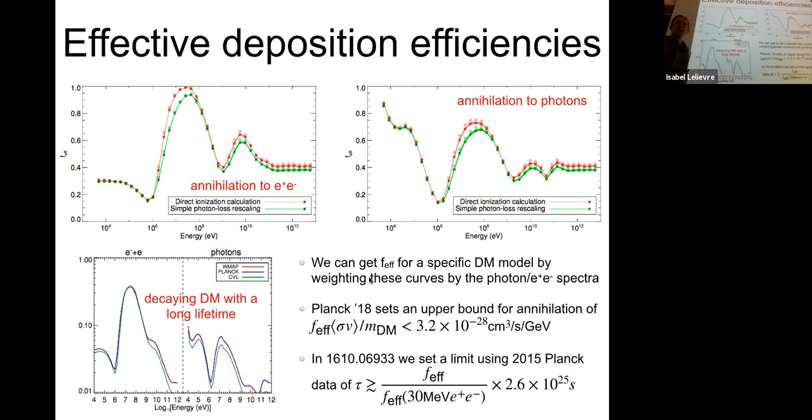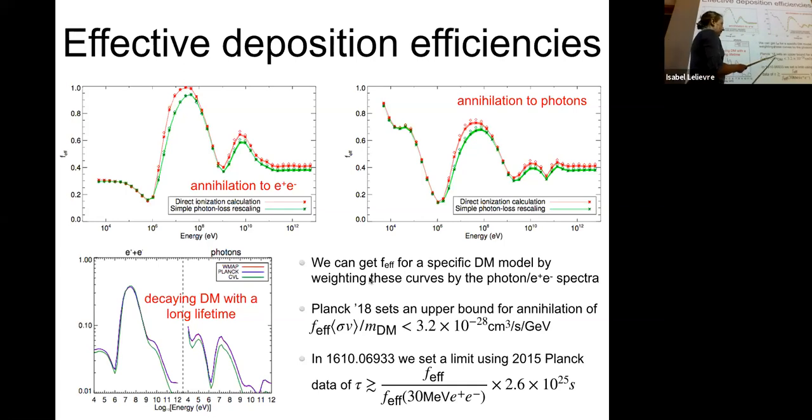This is what these effective efficiency numbers are as a function of the energy of the particles. Again, we can just take linear combinations once we have a specific dark matter model in mind. You can do the same thing for decaying dark matter, and these are results for decays from a paper that my student and I wrote in 2016.